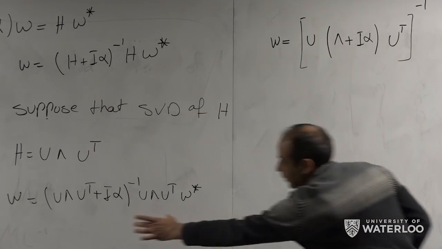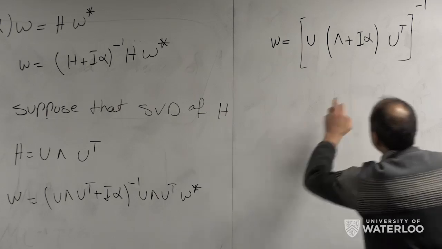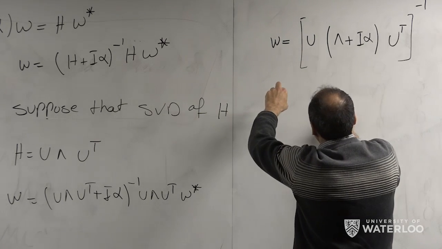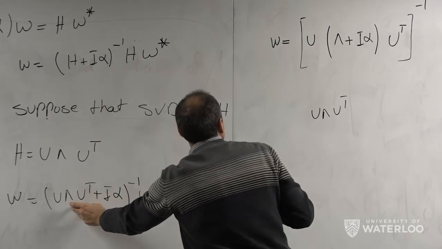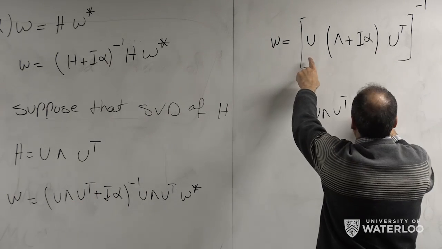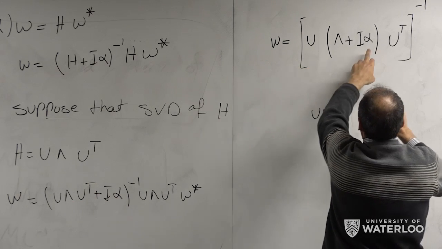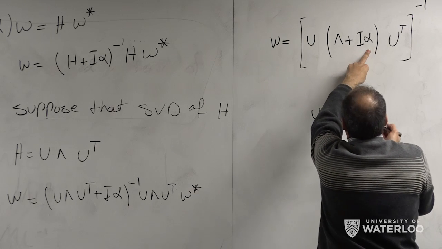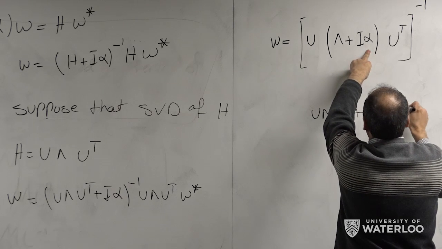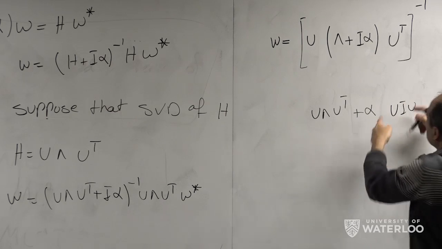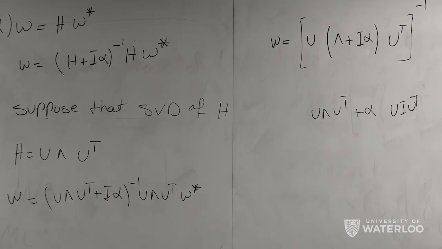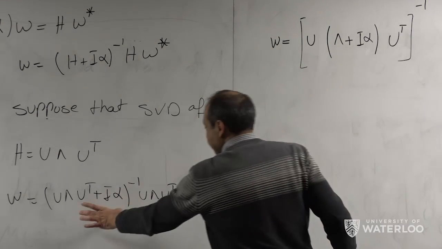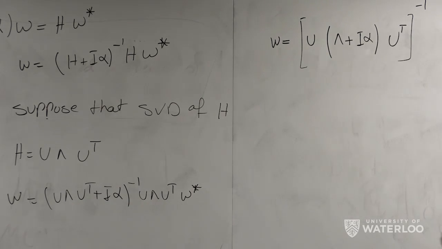I just rewrite this bracket in this form, because the first term is U lambda U transpose, and the second term, alpha is a constant, so it's U I U transpose. This is identity as well. Okay, I just rewrote this bracket in this form.